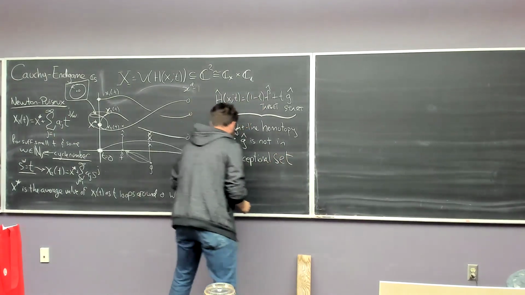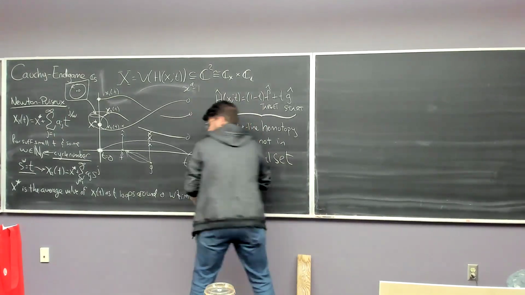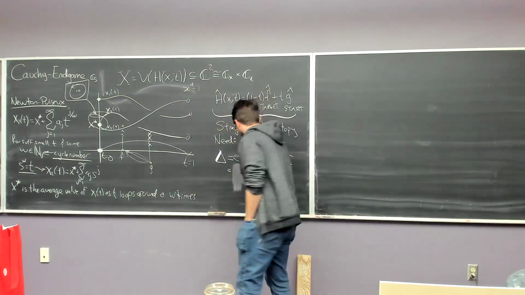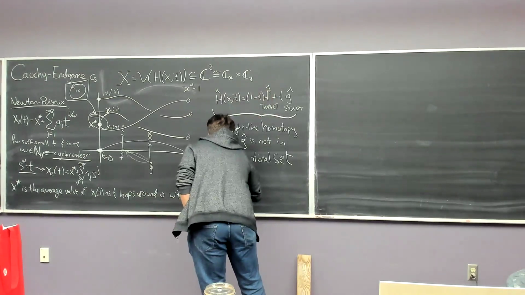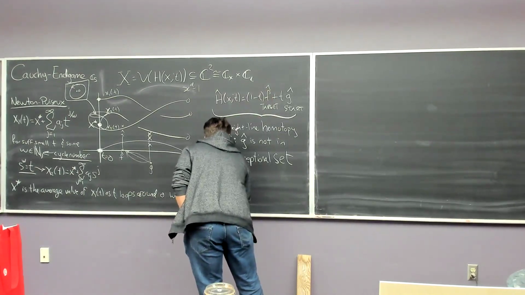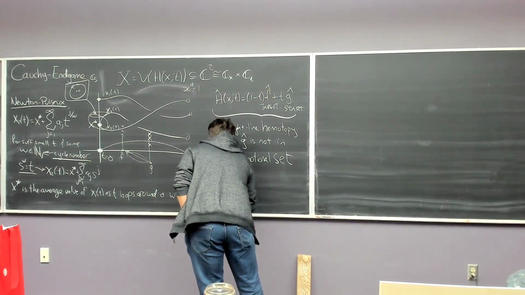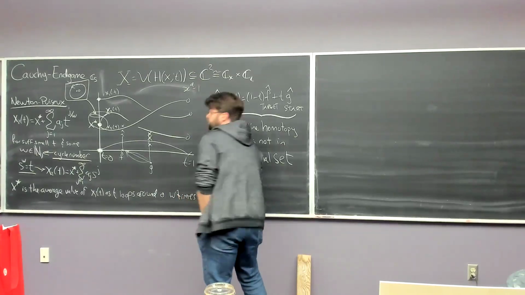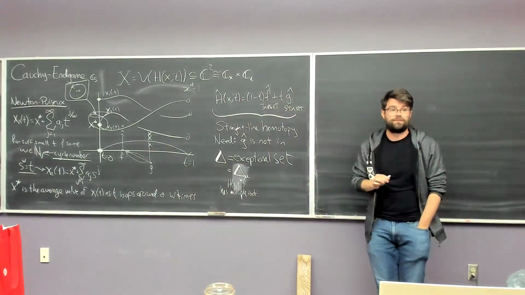Equals. I'm going to break this down into two separate parts. First one is d minus mu, and that means there's a multiple root in the polynomial system above that t value.